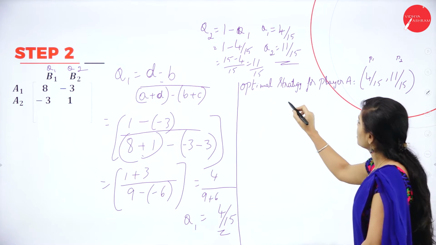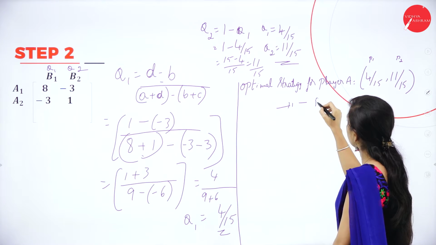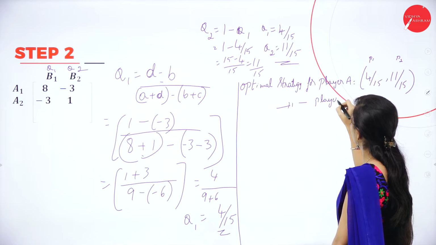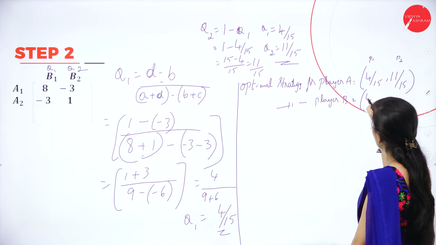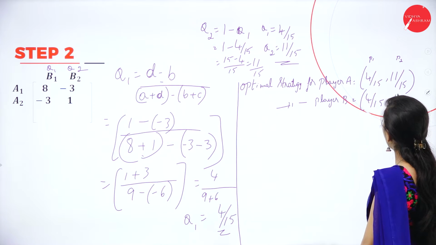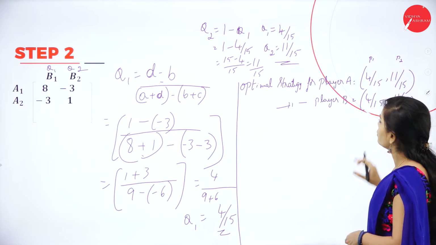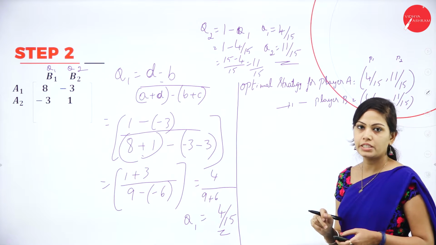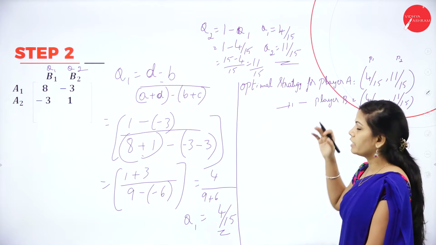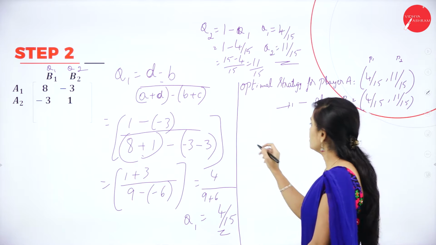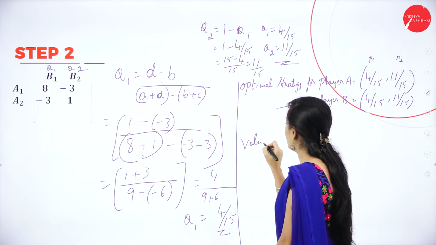And next, the optimal strategy for player B is also 4 by 15 and 11 by 15. This is Q1 and Q2. So we got the optimal strategy. So what is the last step? Finally, we have to find the value of the game.